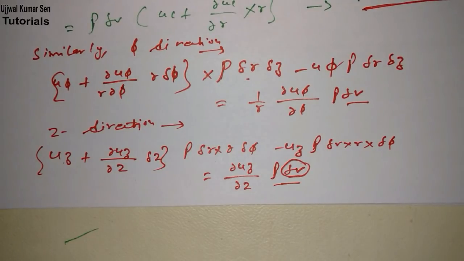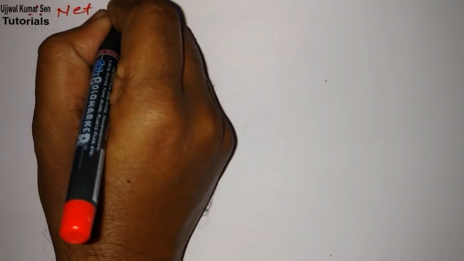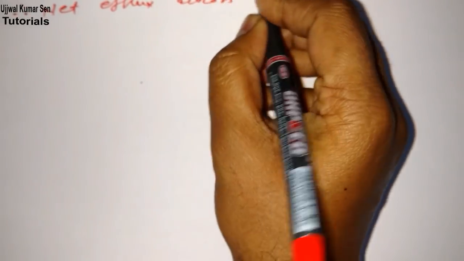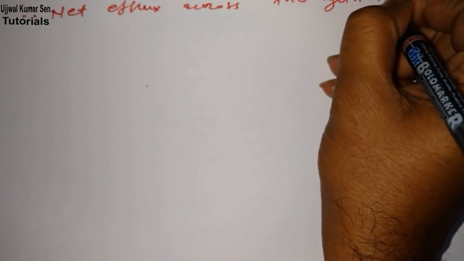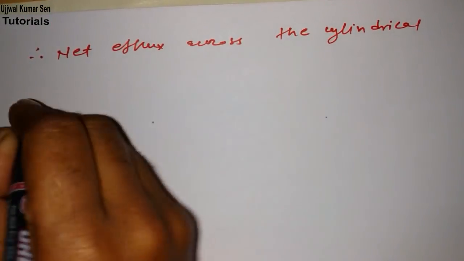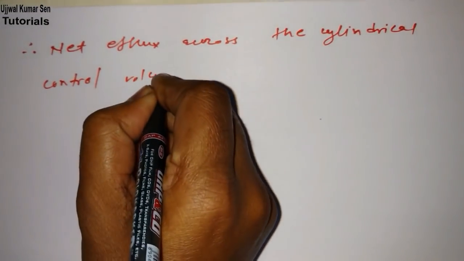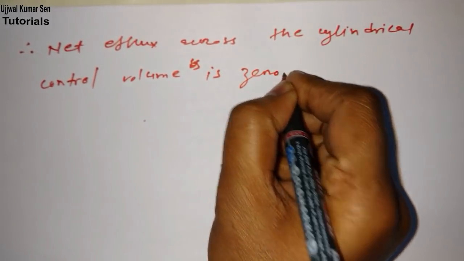Now what we have to find out: net efflux across the cylindrical control volume is 0, because we know that. So we can say net efflux across the cylindrical control volume is 0.